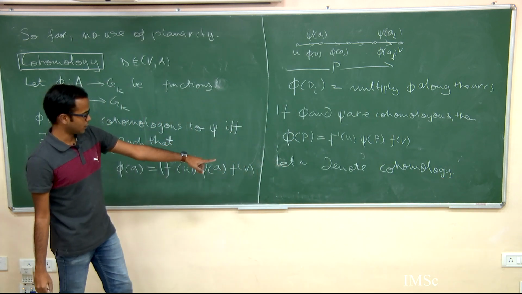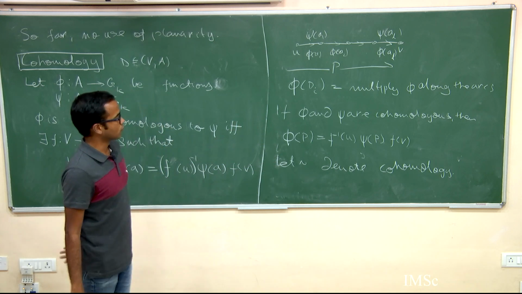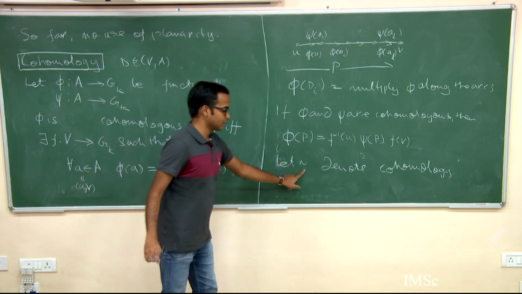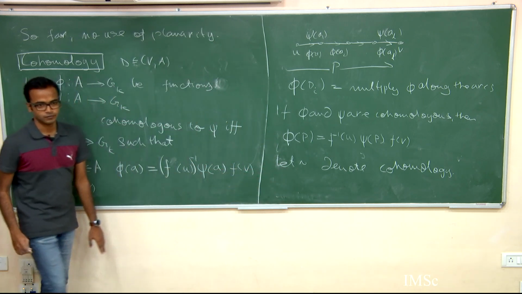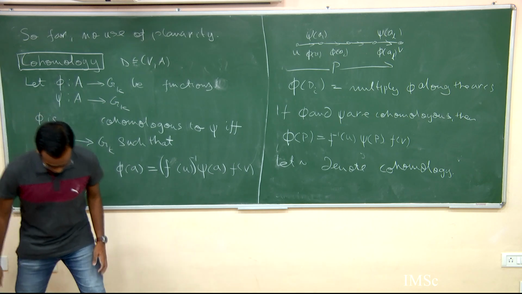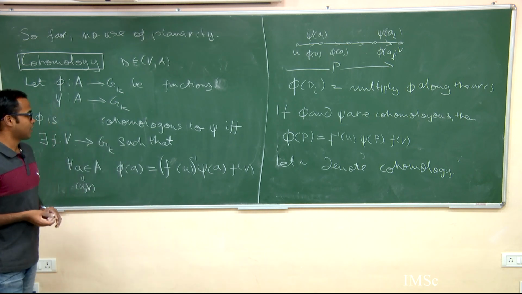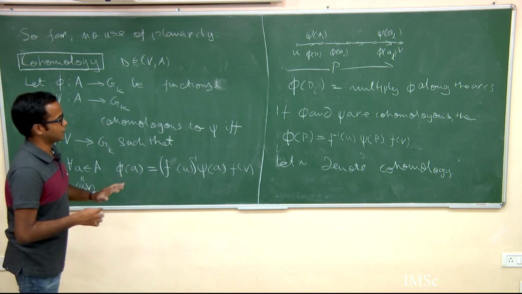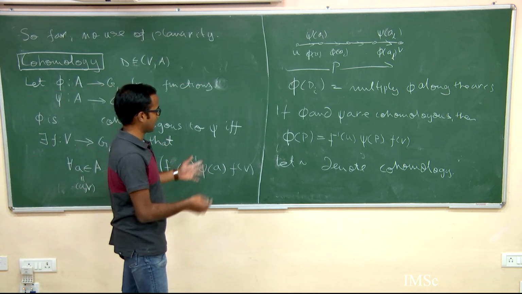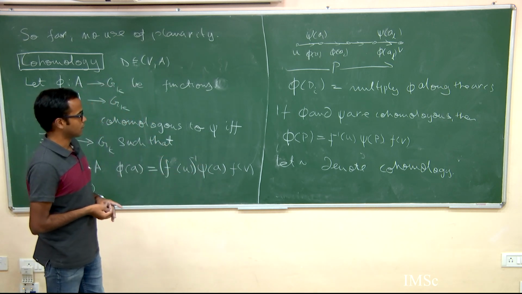So that tilde denotes cohomology. This is in fact an equivalence relation. That is not very important, but it is important in understanding the algorithm.